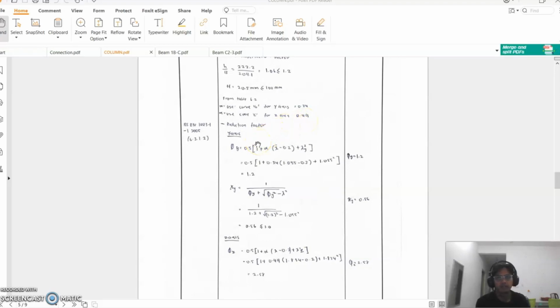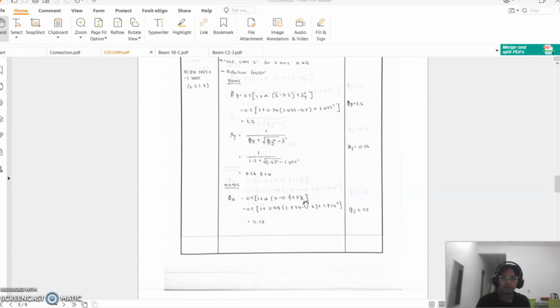The reduction factor for Y axis is 1.2, and chi Y is 0.56, which is smaller than 1.0, so we use 0.56.